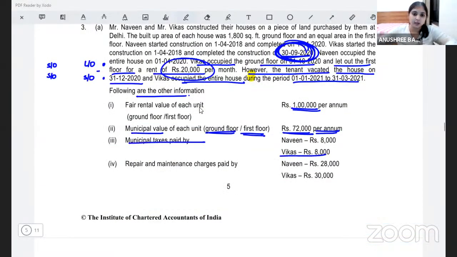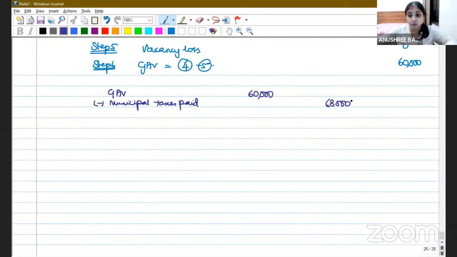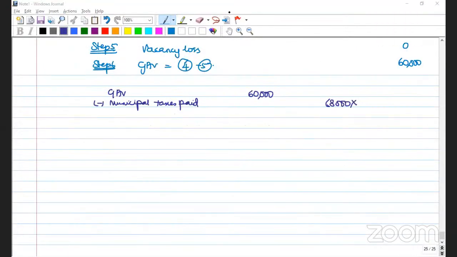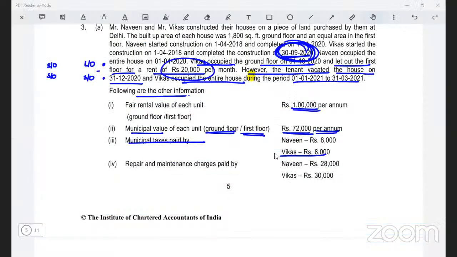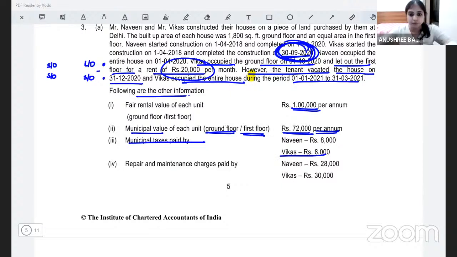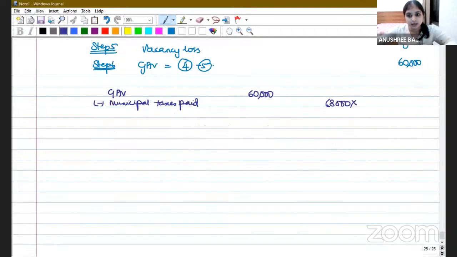Vikas has paid 8,000. Now this 8,000 will be for the entire house, ground floor and first floor put together. But we are calculating only for the first floor right now. So we will take only half of it, only for first floor, 4,000.